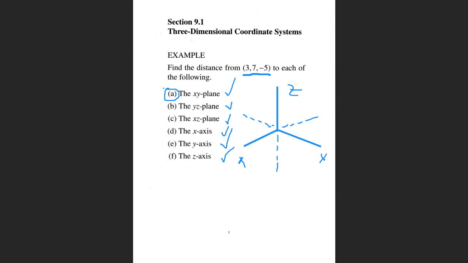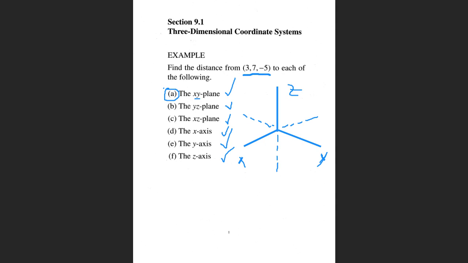We want the distance from the coordinate (3, 7, -5) to the xy plane. Is that 5? That's right. That would be 5. Very good, Mary.